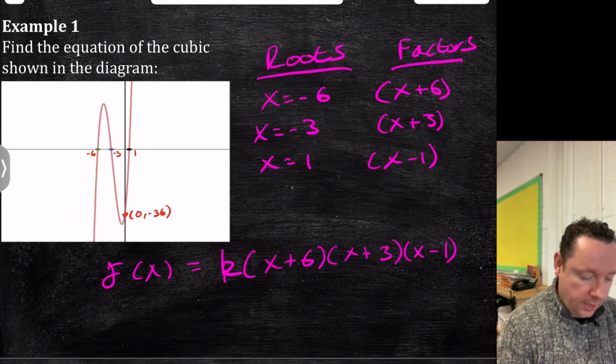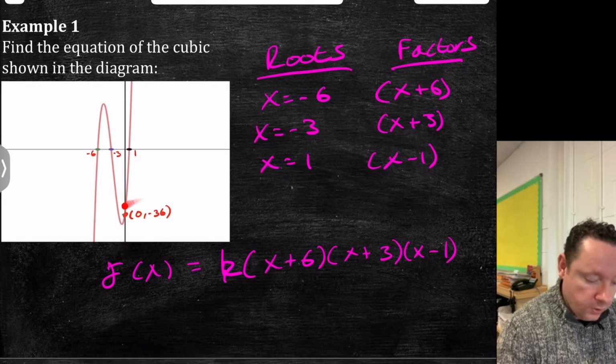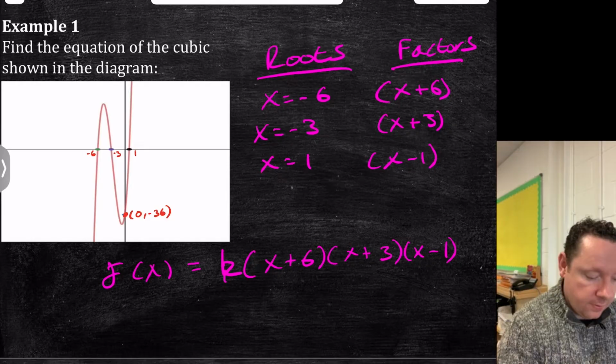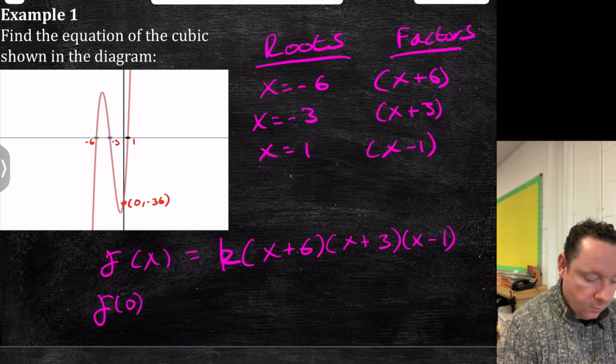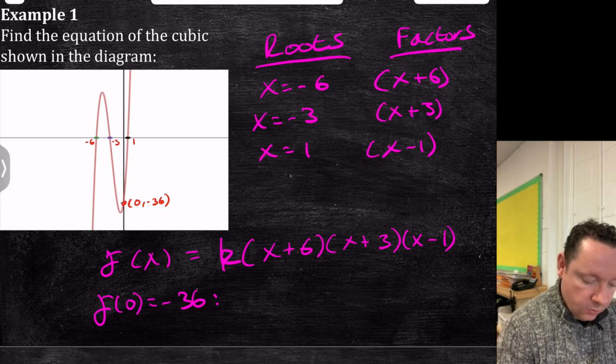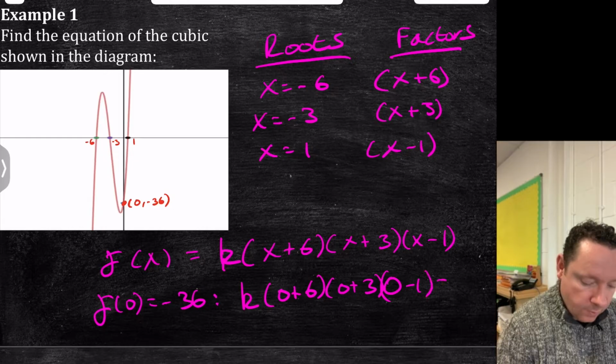We need to work out this k, but that's okay, because we know that when x is 0, y is minus 36. So we just sub in 0. F of 0 equals minus 36. So that gives you k times 0 plus 6, 0 plus 3, 0 minus 1 equals minus 36. Just solve that.